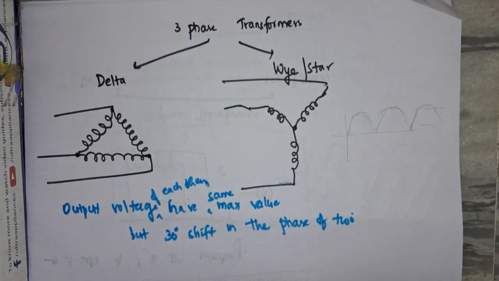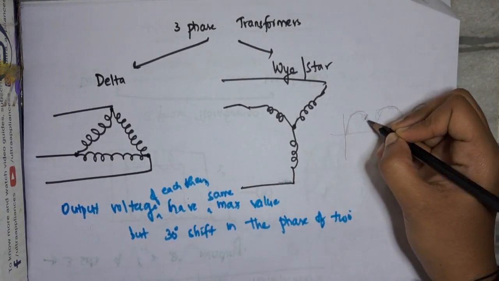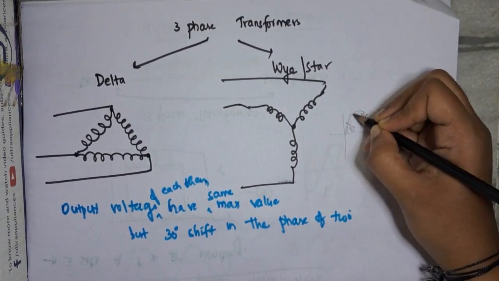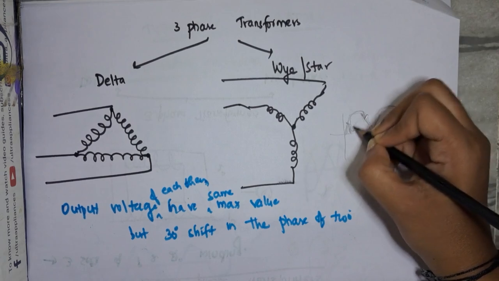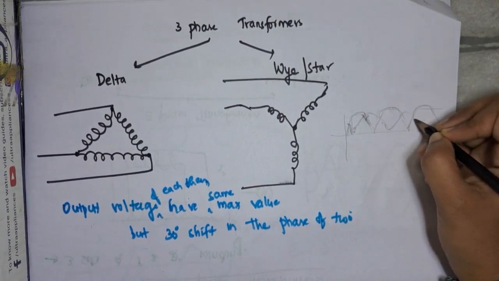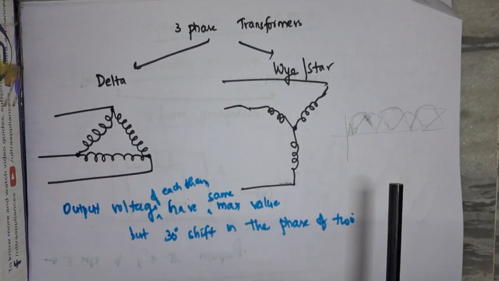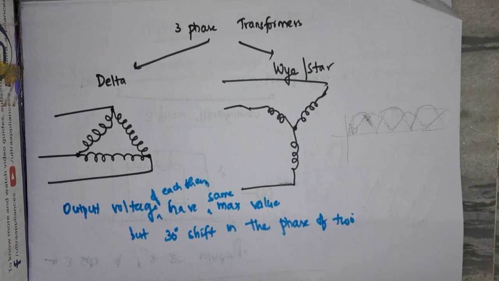If this is the delta output voltage, then the shift is just 30 degrees. Here it will start. So this will be the Y's voltage. So there is a shift of 30 degrees seen between the delta and Y output voltage.